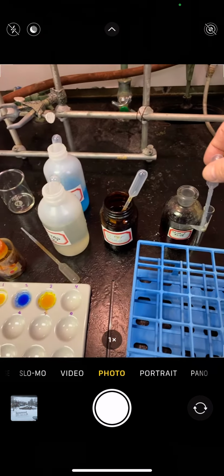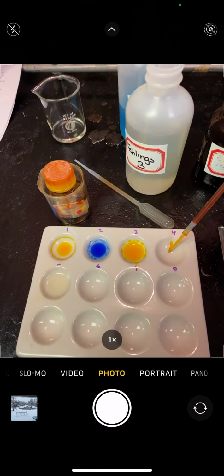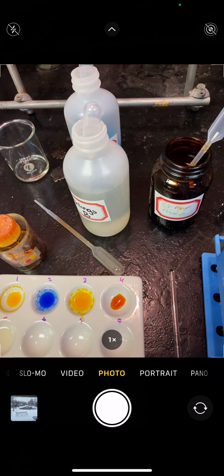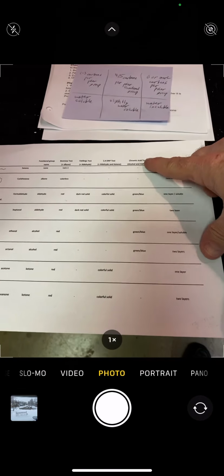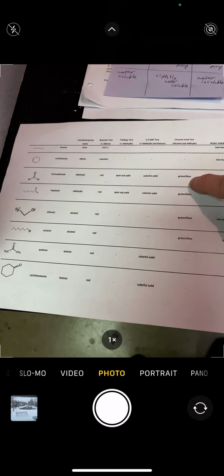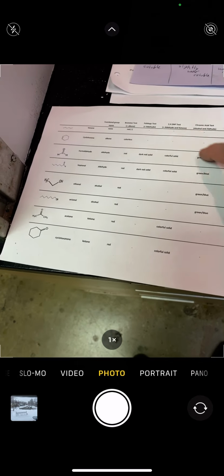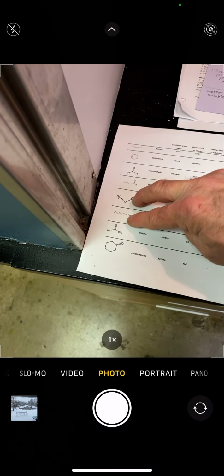Chromic acid test. The chromic acid test starts out with this kind of orangish dark color. But it says the chromic acid test should turn green to blue or maybe even blue-green for aldehydes and alcohols.